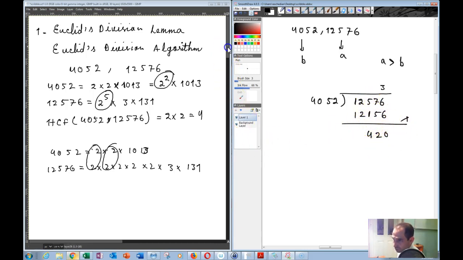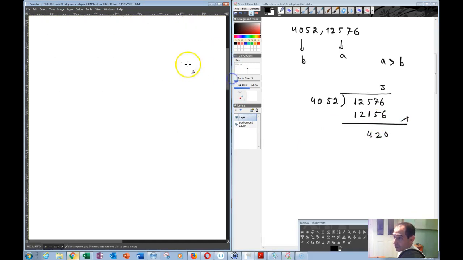You want to find the HCF of these two numbers, 4052 and 12,576, so you take this number as A and this number as B. Once you do this division, you can write 12,576 as 3 times 4052 plus the remainder, which is 420.